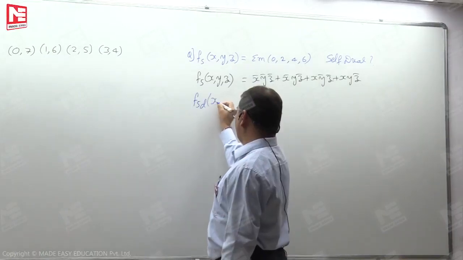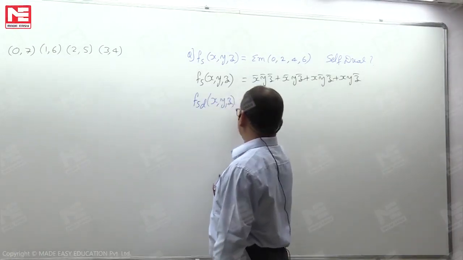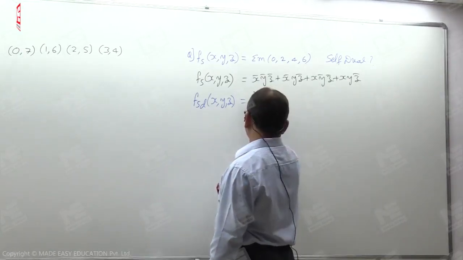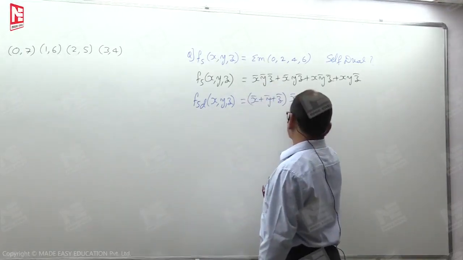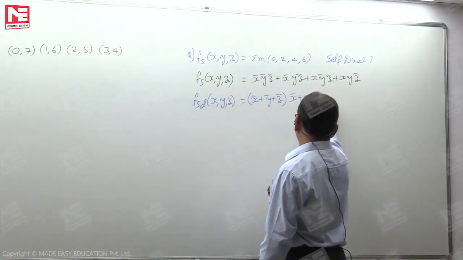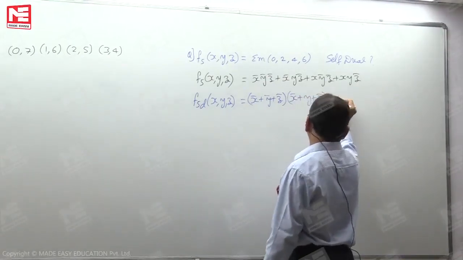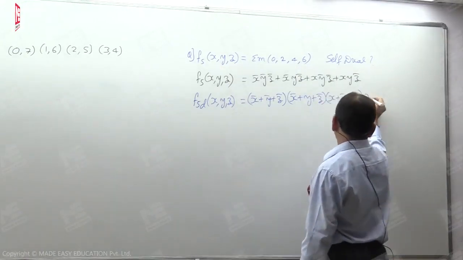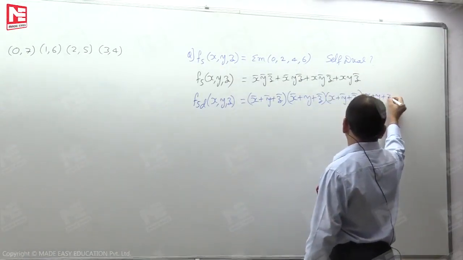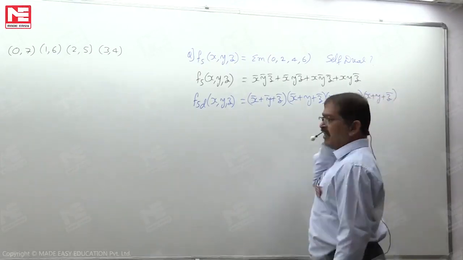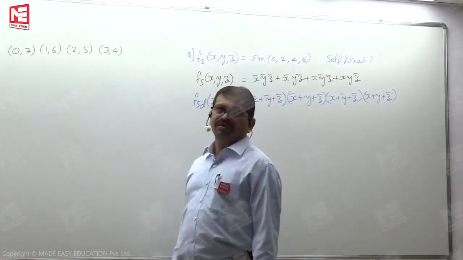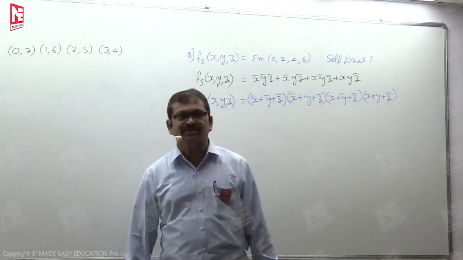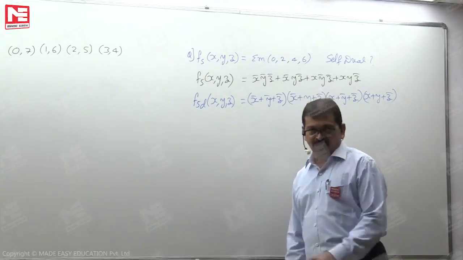F5 of d of x, y, z is equal to (x complement or y complement or z complement) and (x complement or y or z complement) and (x or y complement or z complement) and (x or y or z complement). After writing the dual operation, the expression is in the expanded canonical POS form.